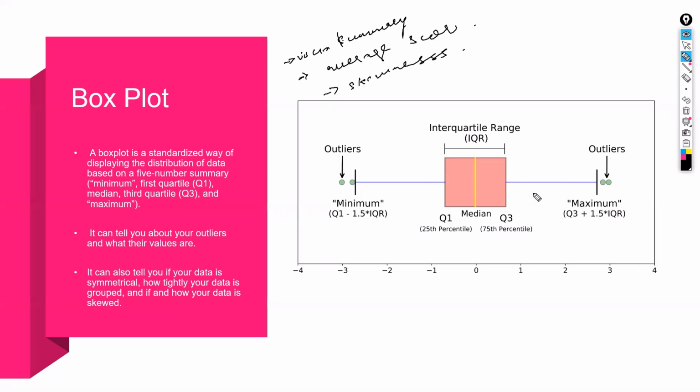Now, the shape of this box plot will show if statistical data is normally distributed or skewed. So, I'll draw three box plots here.